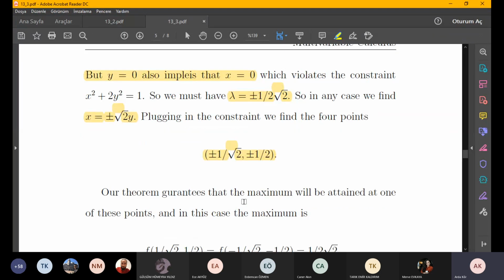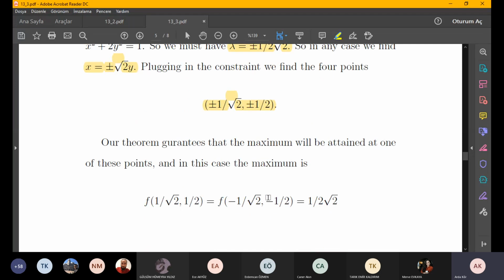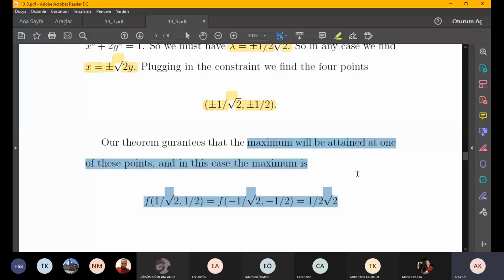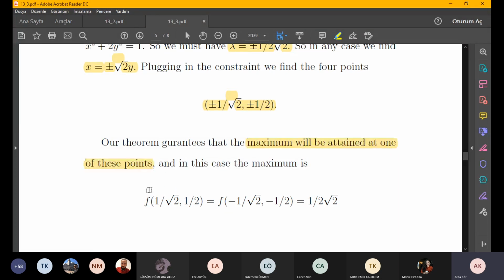And from the theorem, we know that the maximum will be attained at one of those critical points. So that is why we have to compute the function for all these points. Then after that we have to compare the values of the function on those points, let's say.